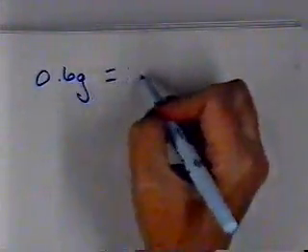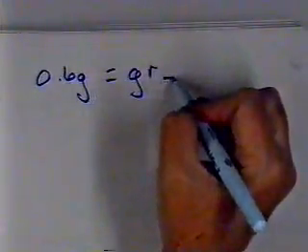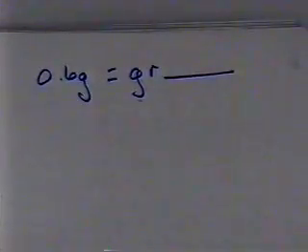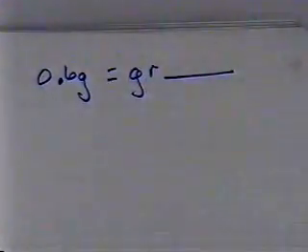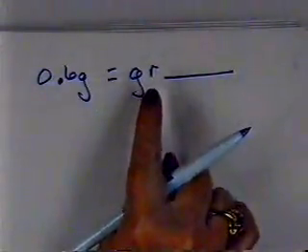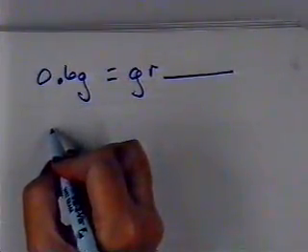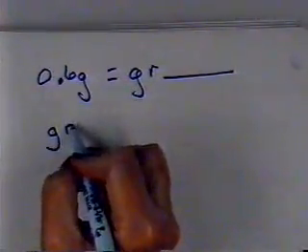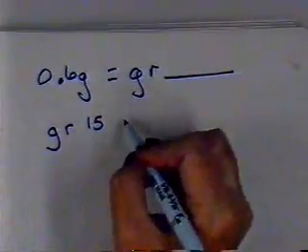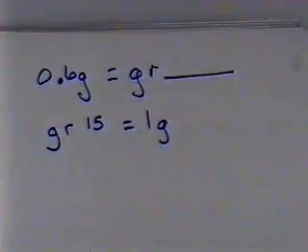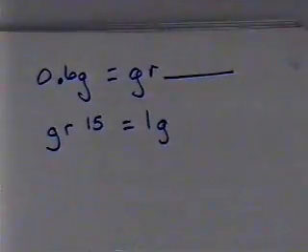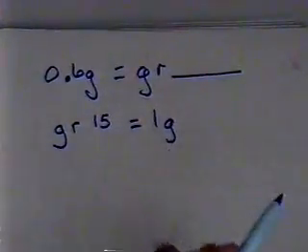0.6 grams to grains. We have a conversion. What's the conversion from grains to grams? 15 grains is 1 gram.